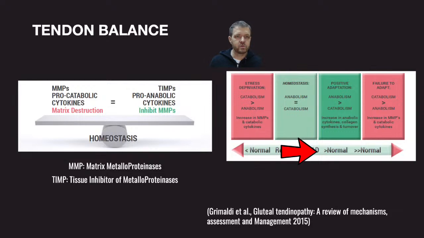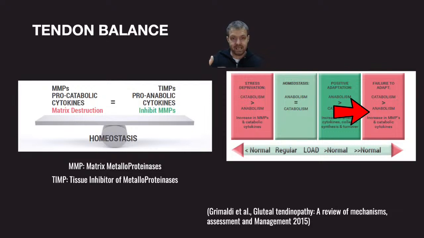If you've got load which is just slightly above normal, then we get this positive adaptation. Now, if you go a bit mental and you do too much exercise, there's a failure to adapt. We'll get an increase in these MMPs and the pro-catabolic cytokines, the things that break down tendon tissue, and the catabolic effect is greater than the anabolic one.